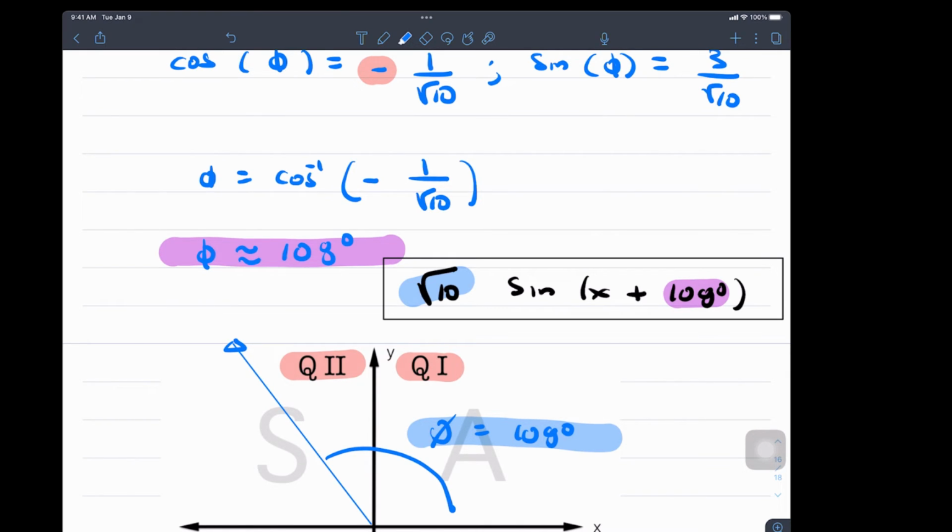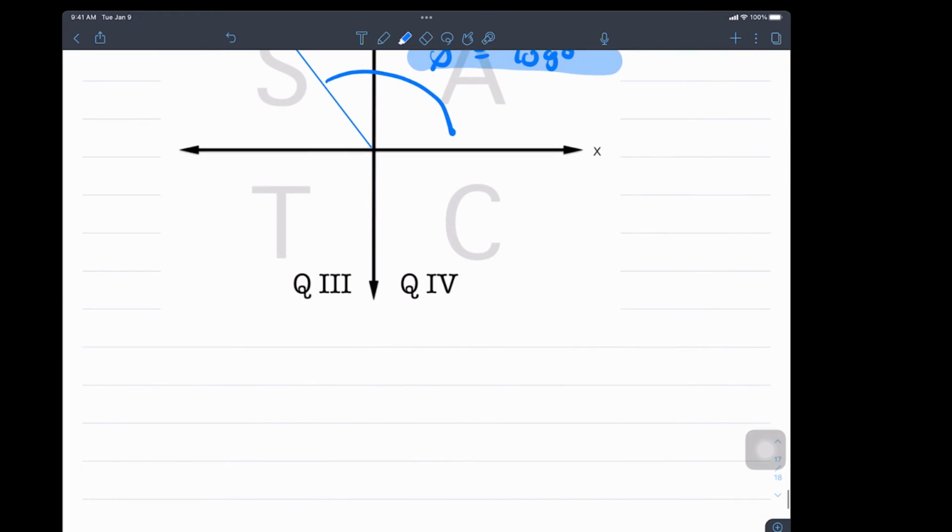Follow this format. Should we try another one? Should we do another? Or let's do this here. Let's look at your textbook. Oh, I forgot to prove these cofunction identities.